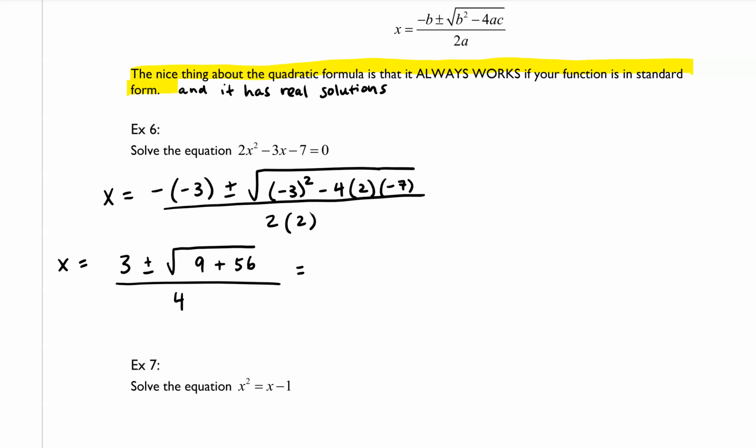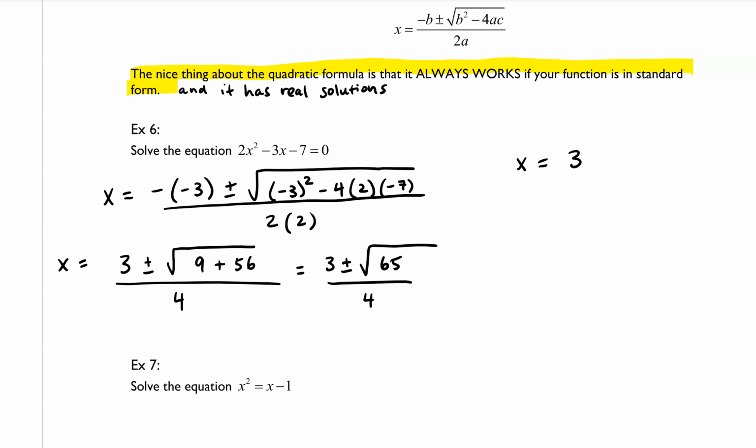So I'm going to write equals 3 plus or minus the square root of 9 plus 56, which is 65, over 4. Now, 65 is not a perfect square, so we would just need to leave it as the square root of 65. So our final answers for that equation are x equals, and if you'd like to write it as two separate numbers, you can.